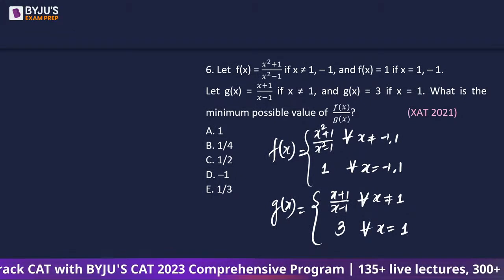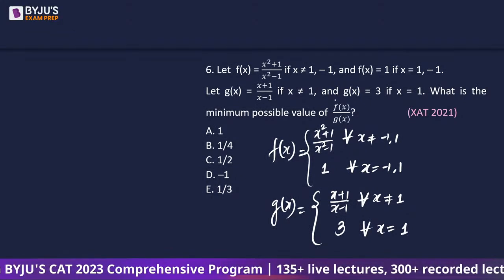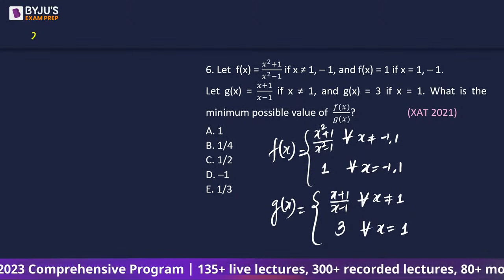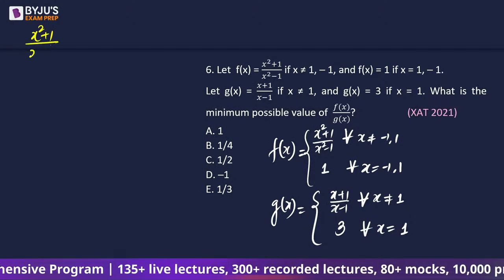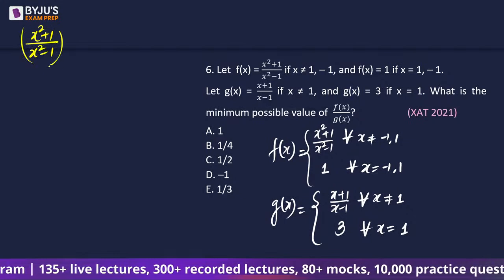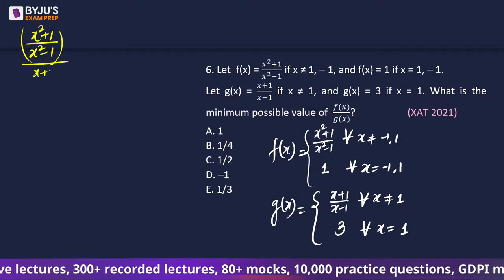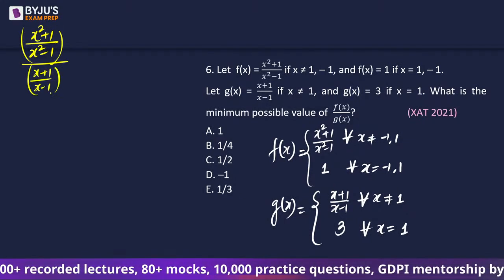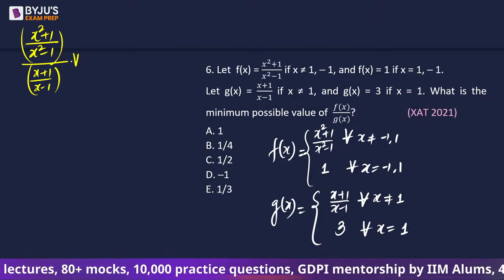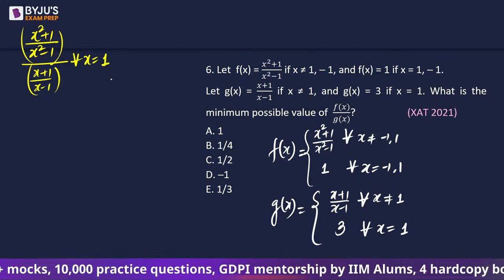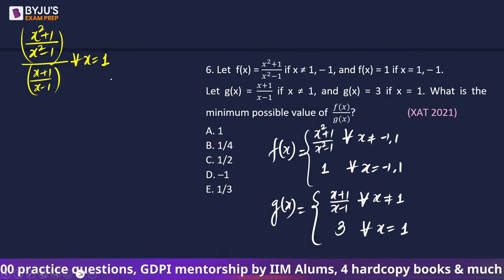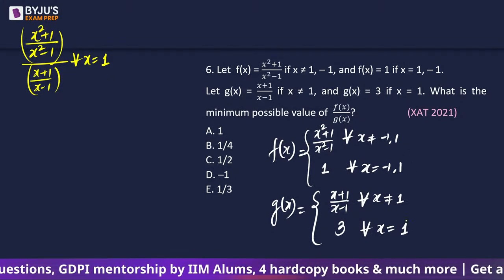So अगर आप ध्यान दोगे f of x by g of x के ये सारे cases हैं. f of x can be x square plus 1 upon x square minus 1, and g of x can be x plus 1 upon x minus 1. ये कब लेंगे? When x is equal to 1. Right? क्योंकि दोनों में x सेम होना चाहिए.